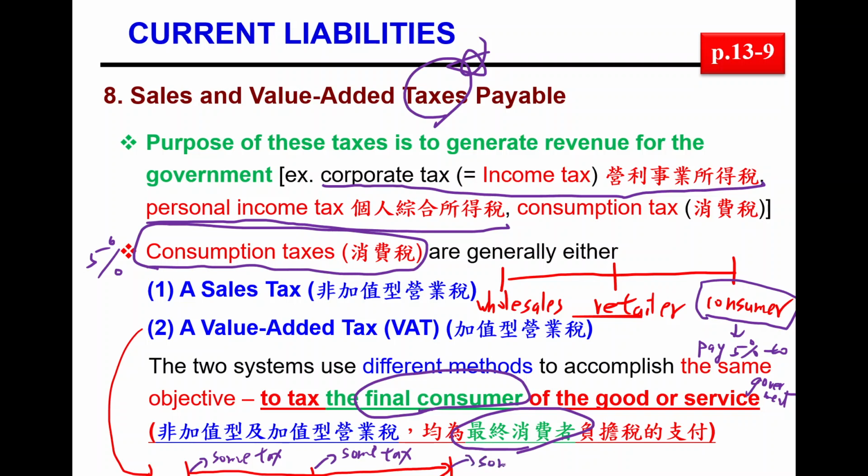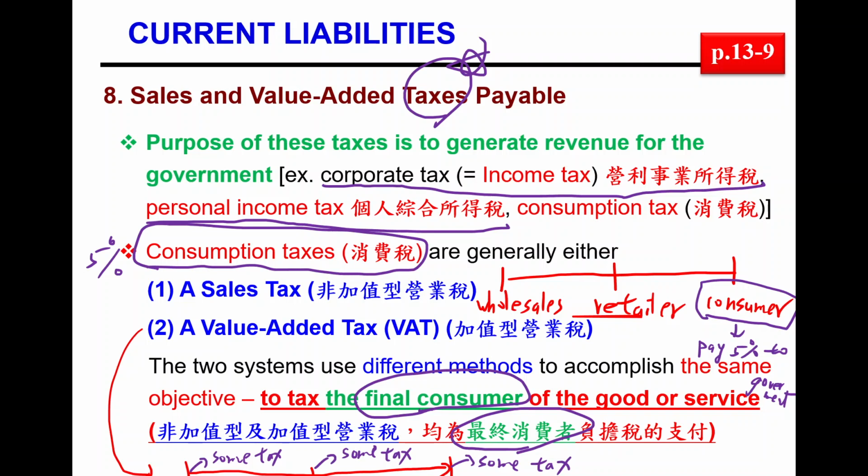The difference is that the government wants to take the taxes at each step. They don't want to wait until the last moment.